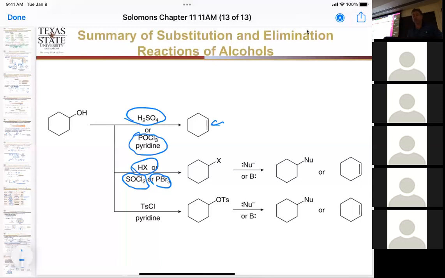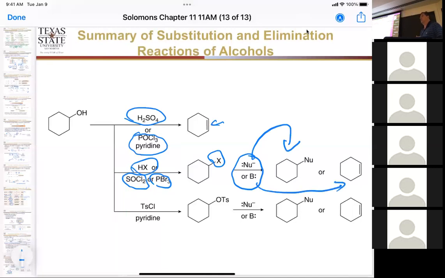So that'll give you a leaving group that's an iodine, a bromine, or a chlorine. Those are also good leaving groups when they're attacked by nucleophiles, or when they're attacked by bases. The nucleophile is going to give us substitution. The base is going to give us elimination.